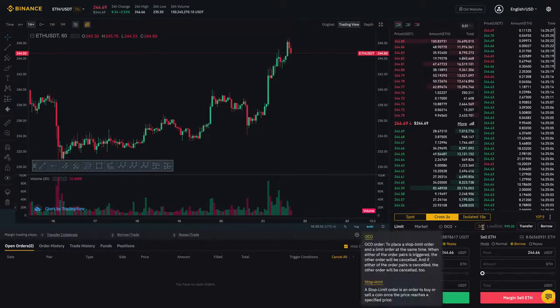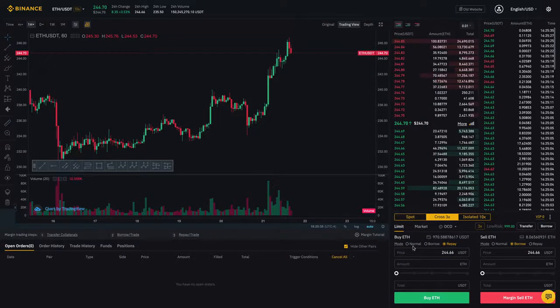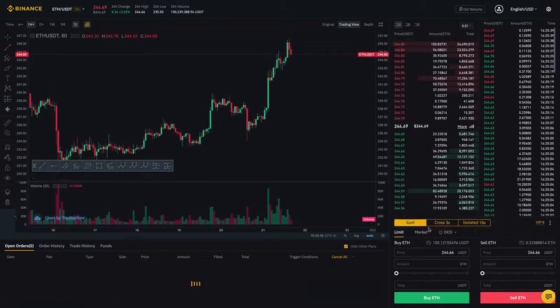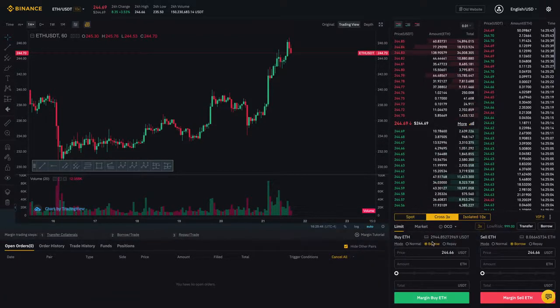So when you margin trade, just as you would on spot, what margin trading is, you're borrowing funds to place your order. So example here, if I do normal, I can only buy a maximum of $970 worth of USDT at whatever price. But if I borrow, now I can borrow up to this amount to place an order. So that's what the borrow is.